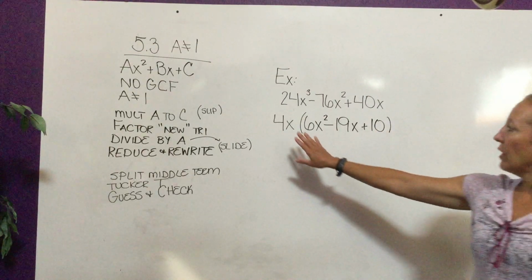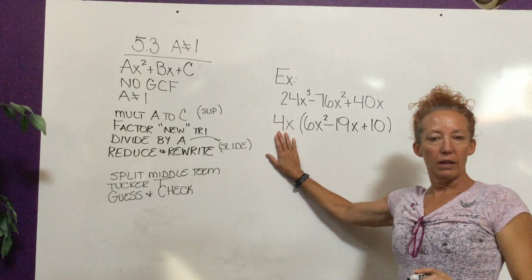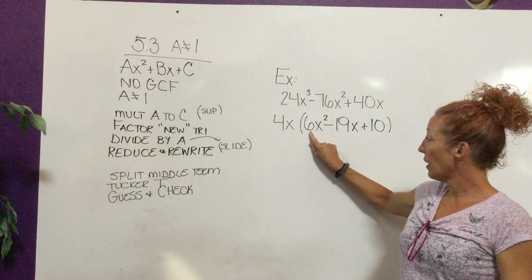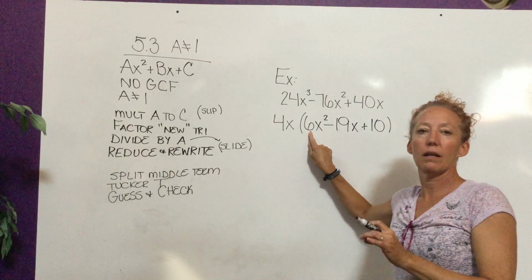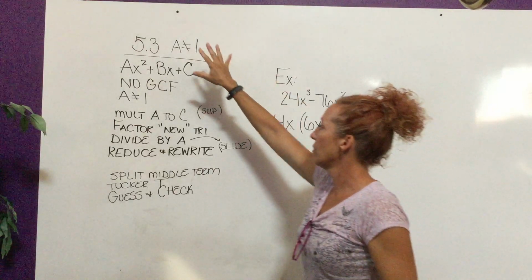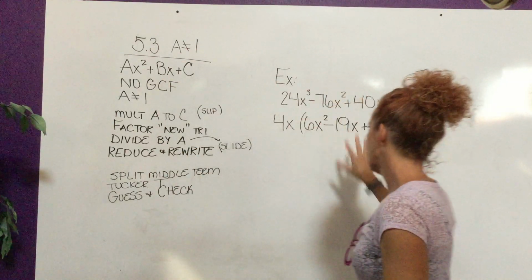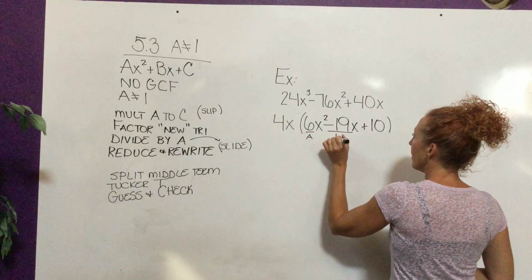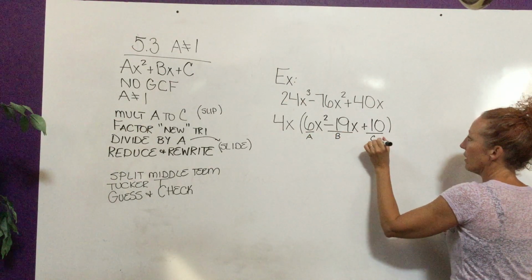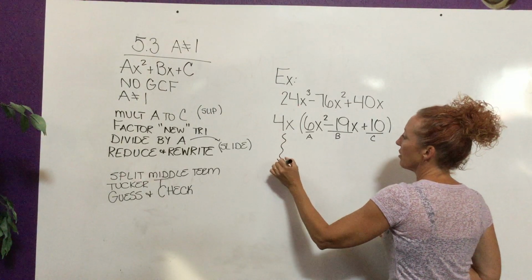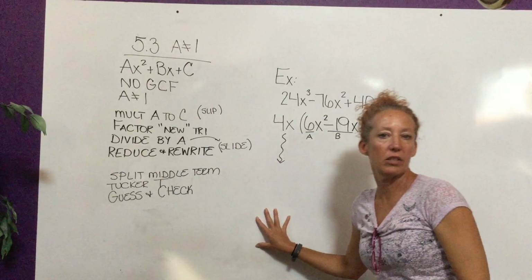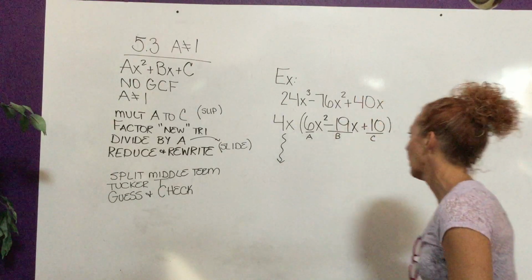This part right here is just going to go along for the ride. But this number right here is still not a 1. So we're going to use these steps to solve this problem. This is the A, this is the B, and this is the C. The 4x just follows out front as we do each step. Or you can just squiggle it, just don't forget to write it at the end.